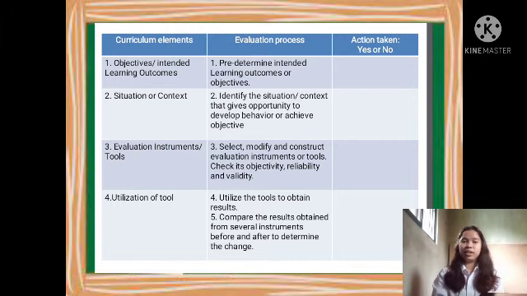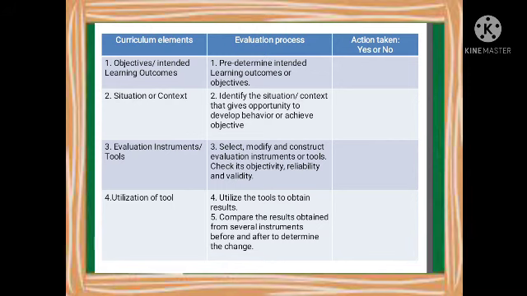Third curriculum element is evaluation instruments or tools. Select, modify, and construct evaluation instruments or tools. Check their objectivity, reliability, and validity. Number 4, utilization of tools. Evaluation process number 4 is to utilize the tools to obtain results.